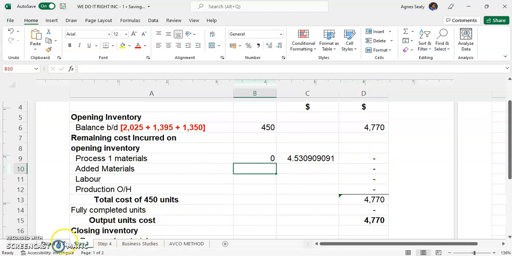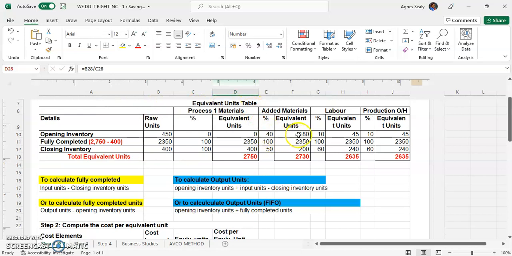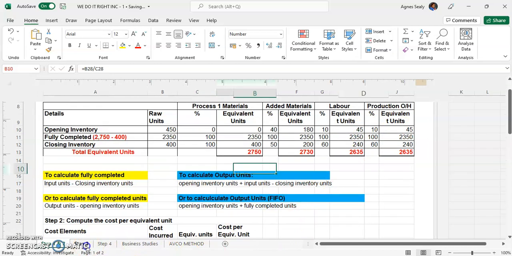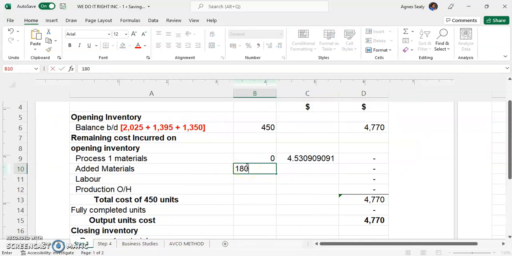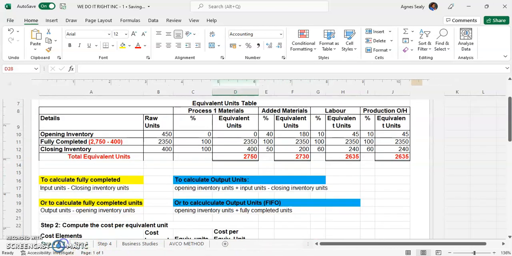Added material. What are our equivalent units for added material? Equivalent units for added material with respect to opening inventory is 180 units. And for labor and production overhead, there are 45 units each. So 180 for added material, 45 for labor, and 45 for production overhead. What is the cost per equivalent unit for added materials?